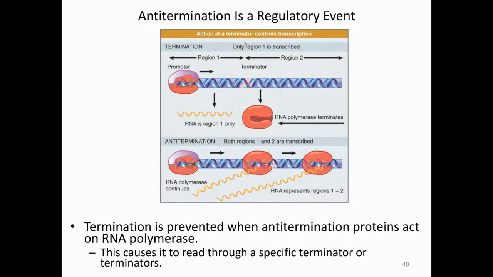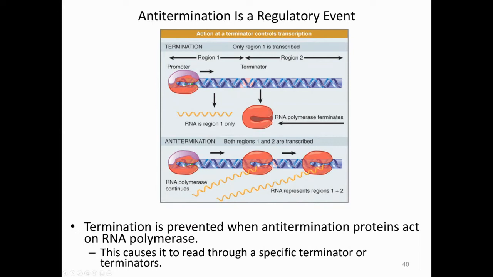And then anti-termination. So anti-termination basically also happens when the bacteriophage infects the bacteria, and they use these terminators. For example, they have a terminator to control the transcription, all right? The bacteria want to defend against the viral infection, so they will terminate the transcription.